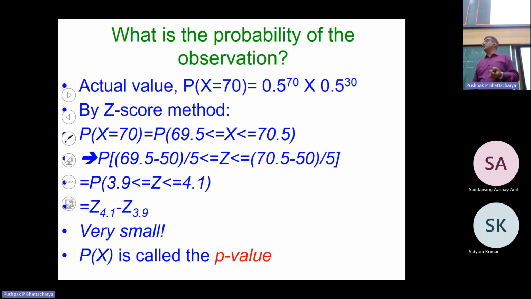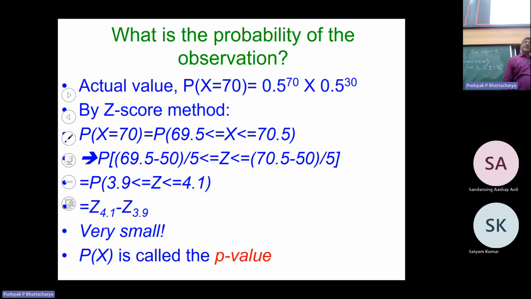So that is the probability of the observation. In this case, as you see on the screen, the probability of x equal to 70, given this observation, is 0.5 to the power 70 into 0.5 to the power 30. I'm not talking about all possible sequences where we have x equal to 70. Only one sequence has appeared in front of me, and the probability of that sequence is 0.5 to the power 70 into 0.5 to the power 30.